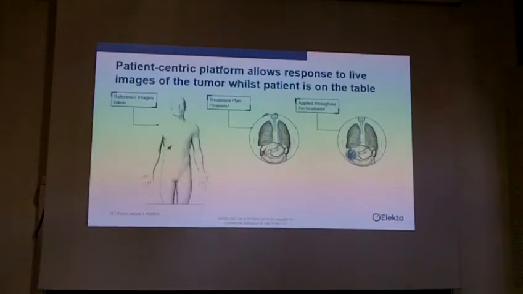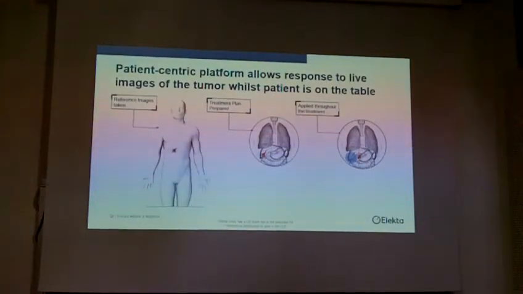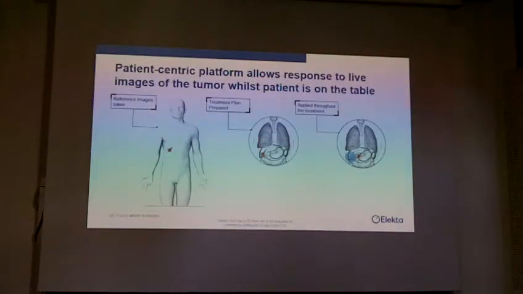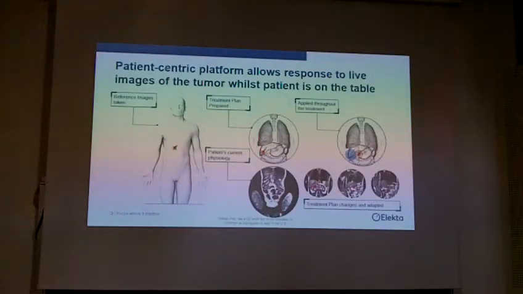And while this is generally accepted as a standard of care, such target localization may still deviate from the actual position and shape of the target. You see here, with the Unity, you can adapt your position, you can adapt your PTV, you can adapt also your dose daily when the patient is on the table.